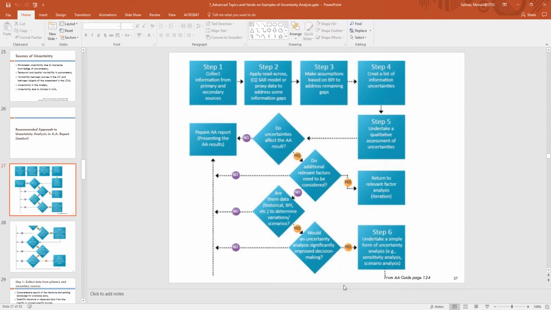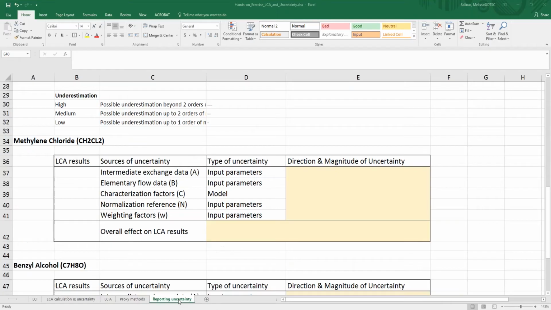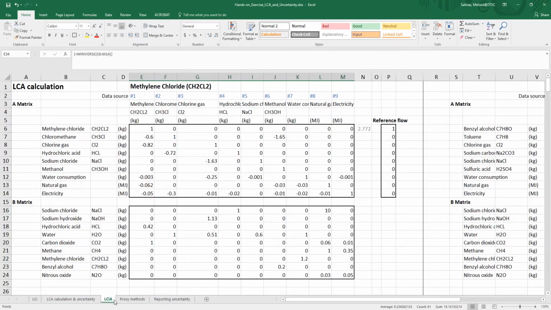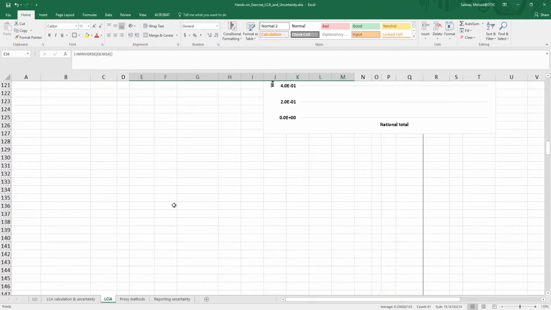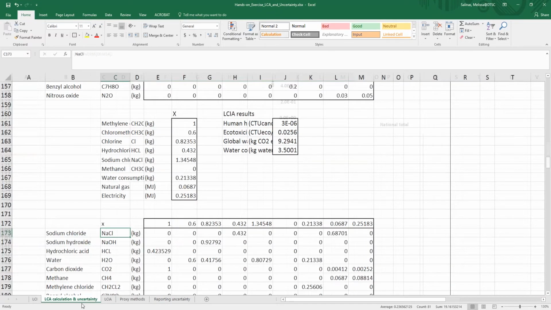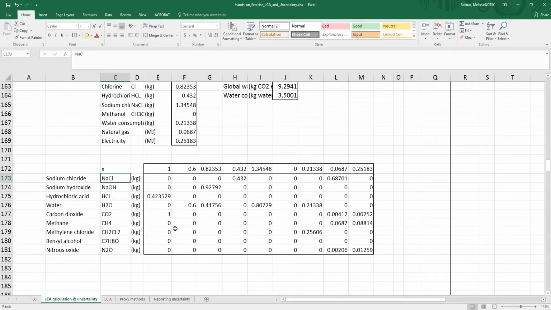So I wanted to show you the spreadsheet, which we didn't have the time to do, the contribution analysis. If we do the contribution analysis, which I think I put it here. Here you go.